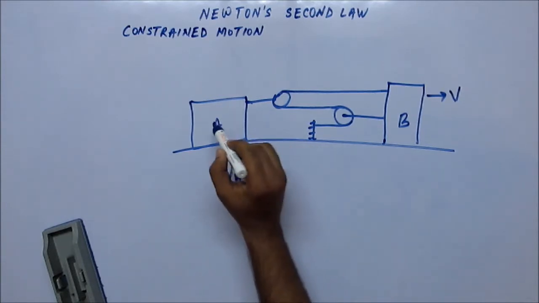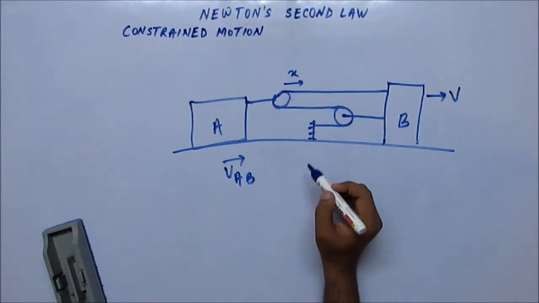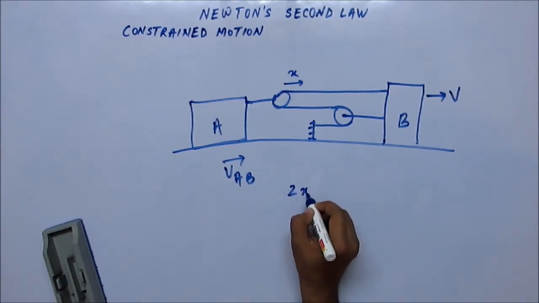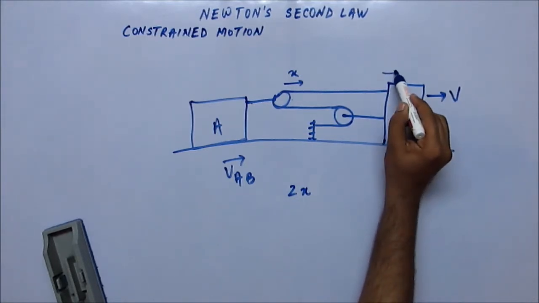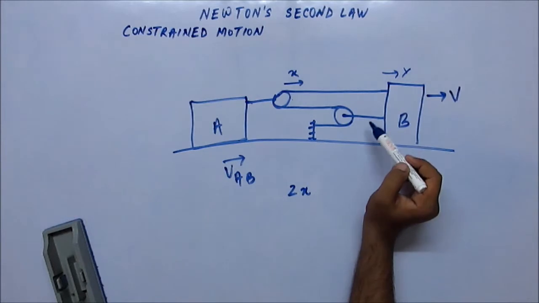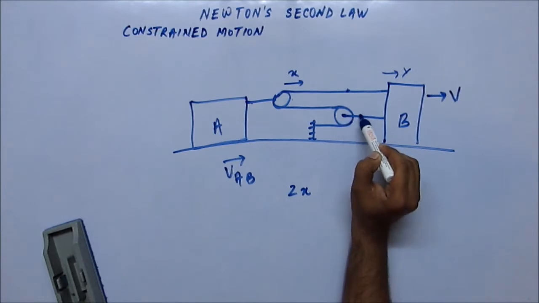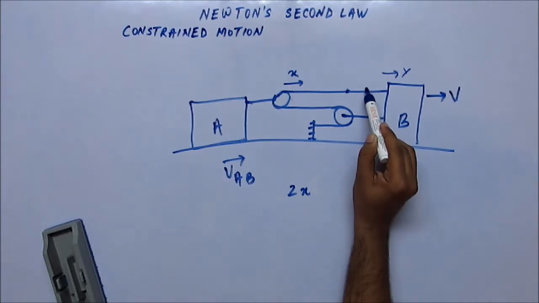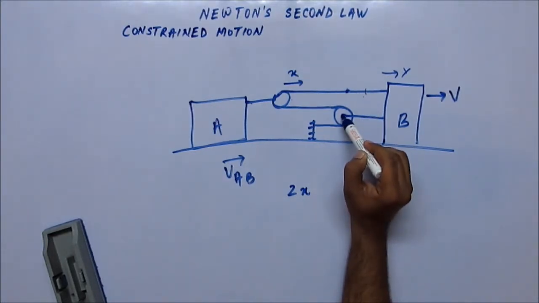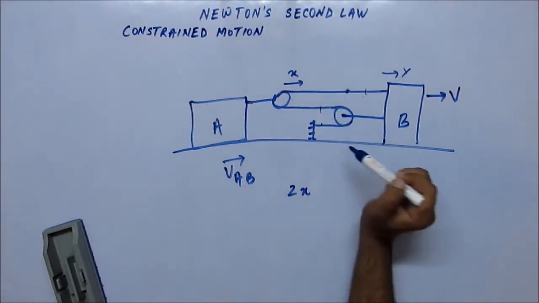Okay, now suppose this block A moves x distance ahead. Then the amount of string that will be loosed will be 2x. And if this block has to go a y distance ahead, then the amount of string that will be required will be, this point will be moving y ahead. For this point to go ahead y distance, y length of string is required, and for this point to go ahead y distance, 2y length of string is required. y for this side and y for this side.